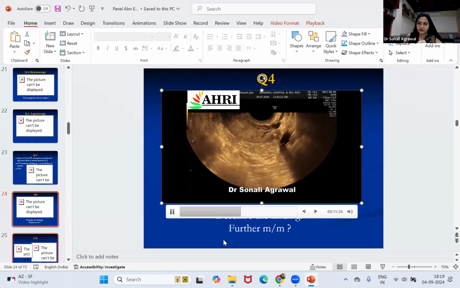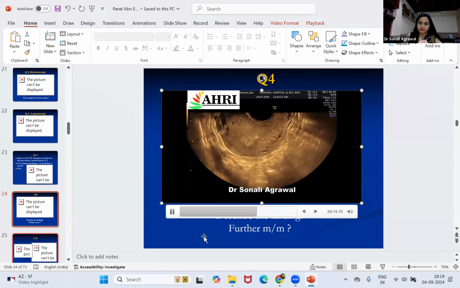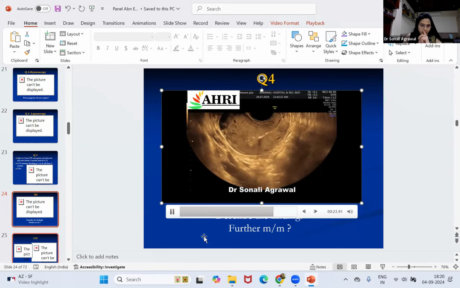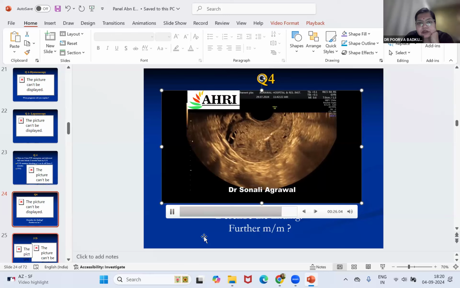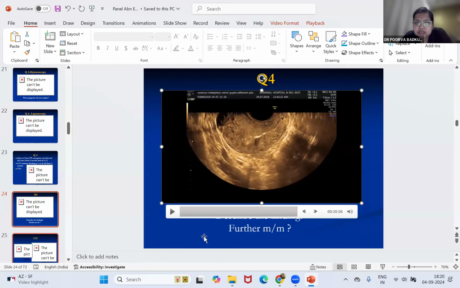Can anybody describe the findings of the ultrasound? Dr. Purva? Hyperechoic lesions are seen, small patchy lesions in the endometrium. Right.